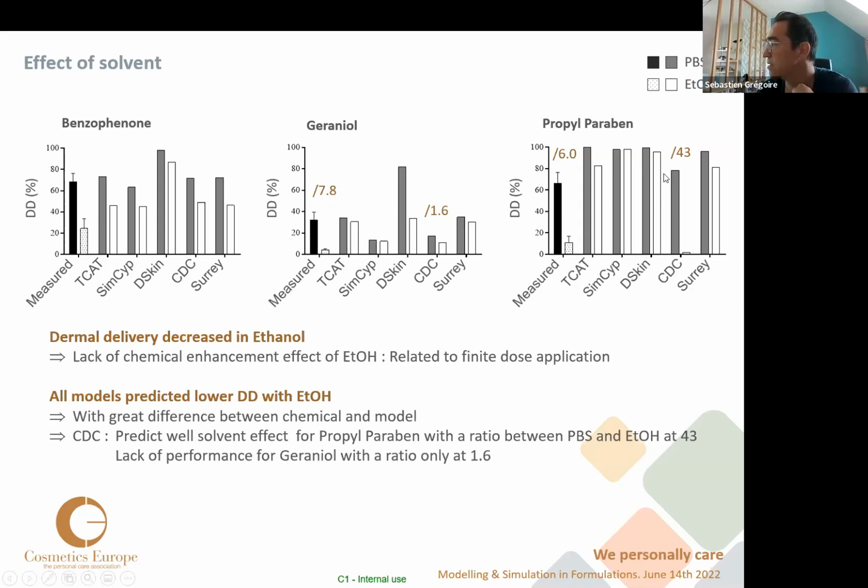Whereas for the parabens, the model predicts much lower absorption with ethanol compared to the experimental value. So that just means that for simple vehicles such as ethanol, the models are not so effective to predict clearly the behavior of the formula.